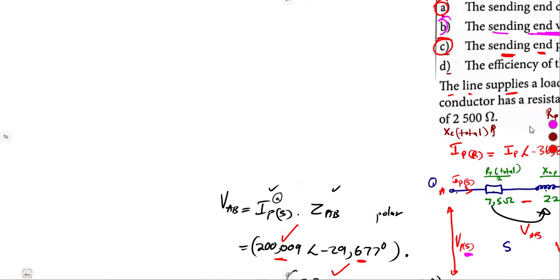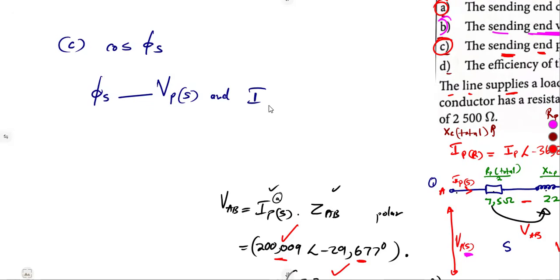So we are going to need what is from the sending end. The first thing is that the phase angle of the sending side is to be taken between the voltage that we have on the sending side and the current that we have on the sending side. That is the idea there.